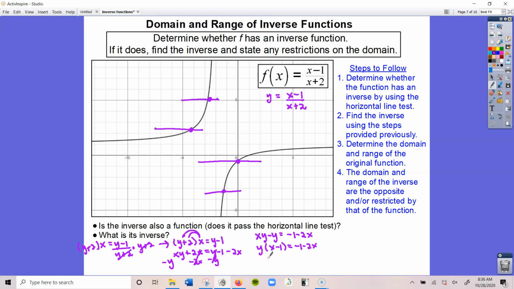And so now to solve for y, I'm going to divide the x minus 1 to both sides. And so we end up with y is equal to negative 1 minus 2x over x minus 1. This is my inverse. So f inverse of x is equal to negative 1 minus 2x over x minus 1.